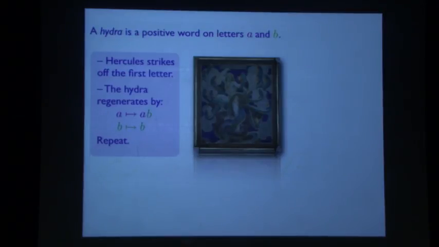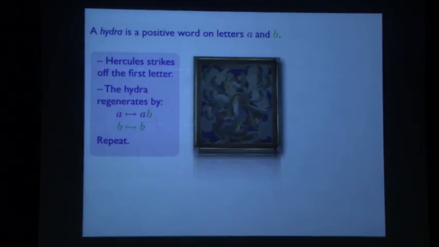And when Hercules hacked off one of the heads, the trouble was that 2 heads would grow back in its place. Hercules fought this thing successfully with the help of his nephew Iolaus, who had a burning torch he pulled from the fire, and he would sear the stump so there would be no regrowth. But mathematically, that's not such an interesting solution to the problem.